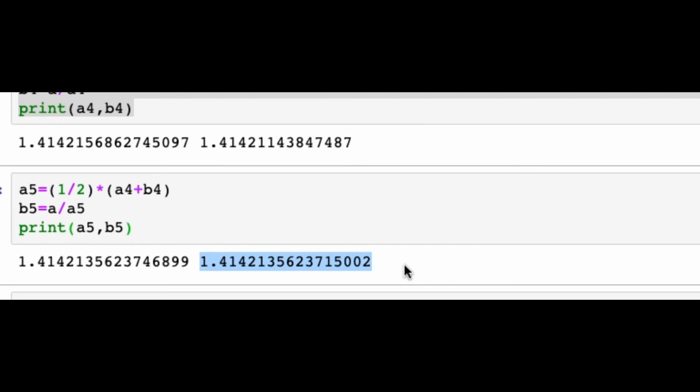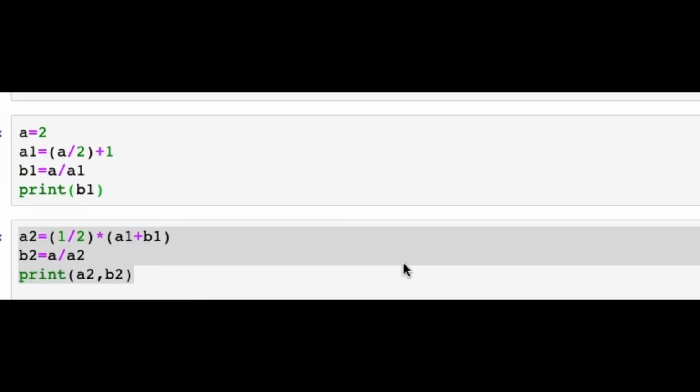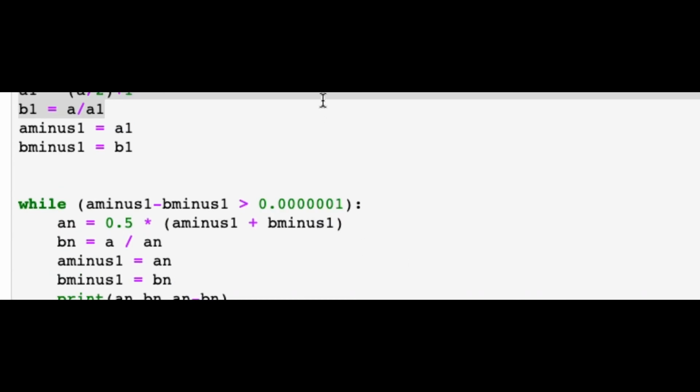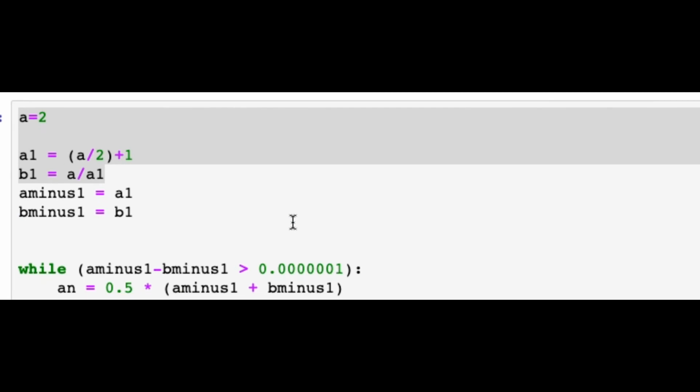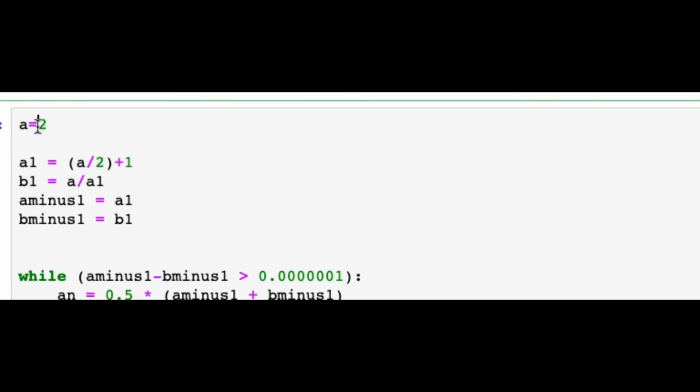All right, so we can't type this all day long. We'll make an algorithm. Up here we wrote a program. I've already saved it. We do the same thing. We calculate our first couple steps, 1/2 of A plus 1.